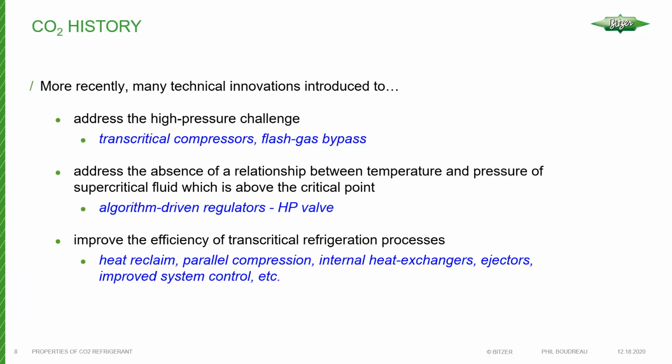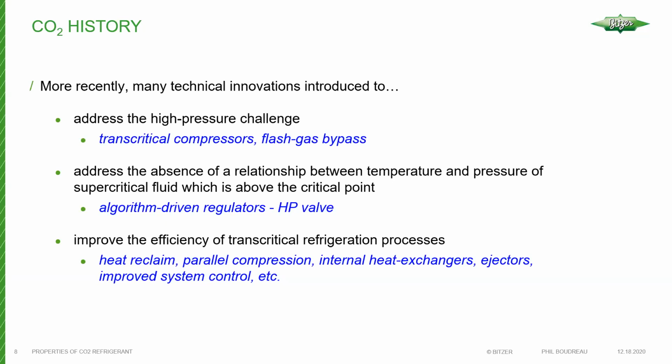More recently, though, many technologies have been introduced in order to be able to harness the benefits of CO2, which we'll talk about. And some of them I mentioned before, the high pressure challenge. So many of you may be familiar with transcritical refrigeration. We'll talk about that another day, as you know.